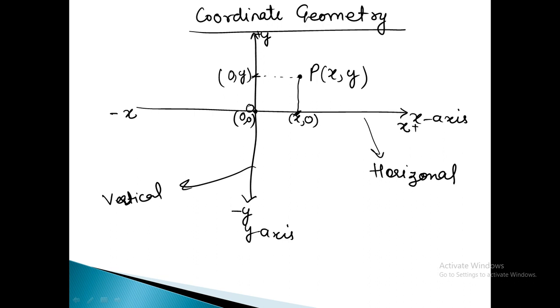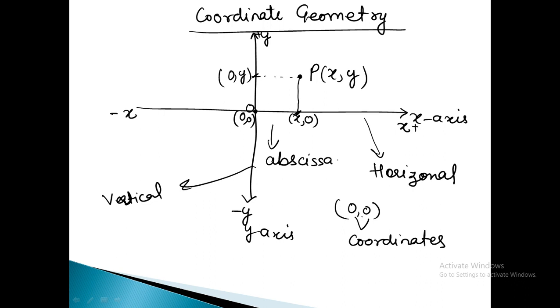The coordinates of O are (0, 0). These are known as coordinates. The perpendicular distance of a point P from the y-axis is the x coordinate and is called the abscissa.